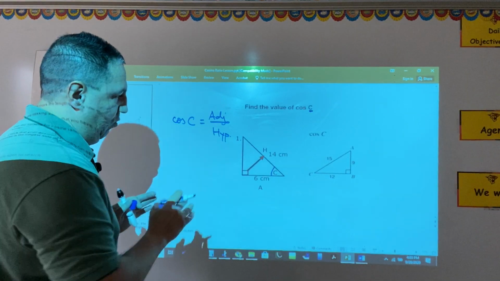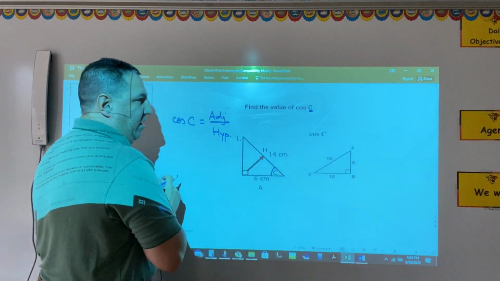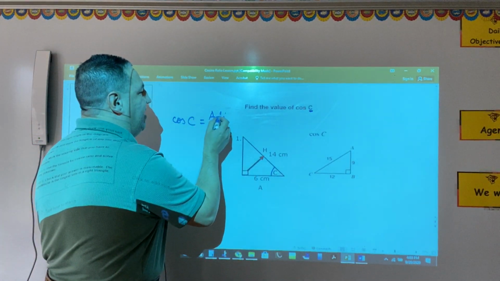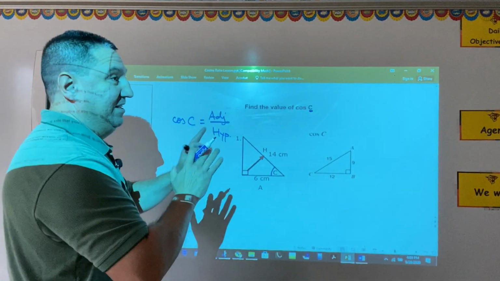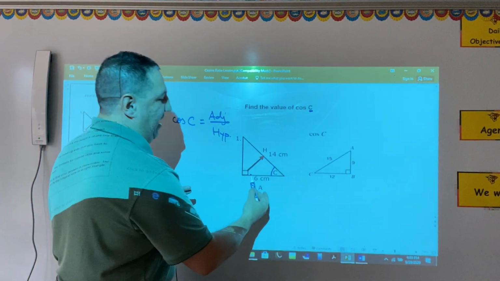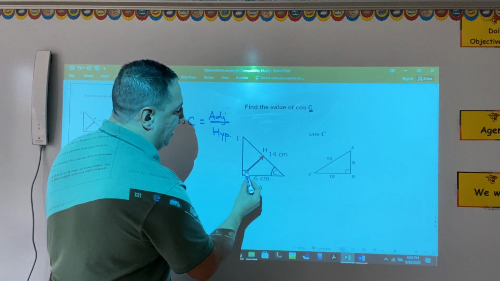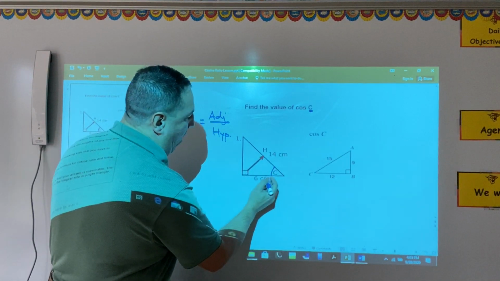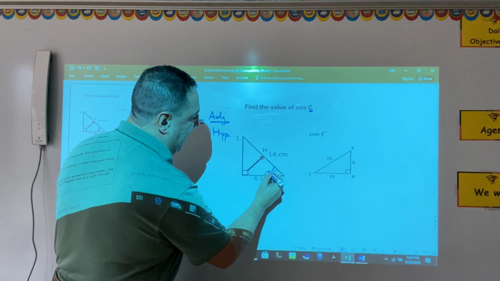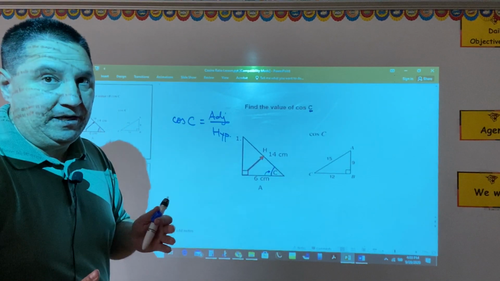So, we mark this angle, and first we identify the adjacent side. The adjacent side for angle C is this side. Why? Because this side is next to angle C.